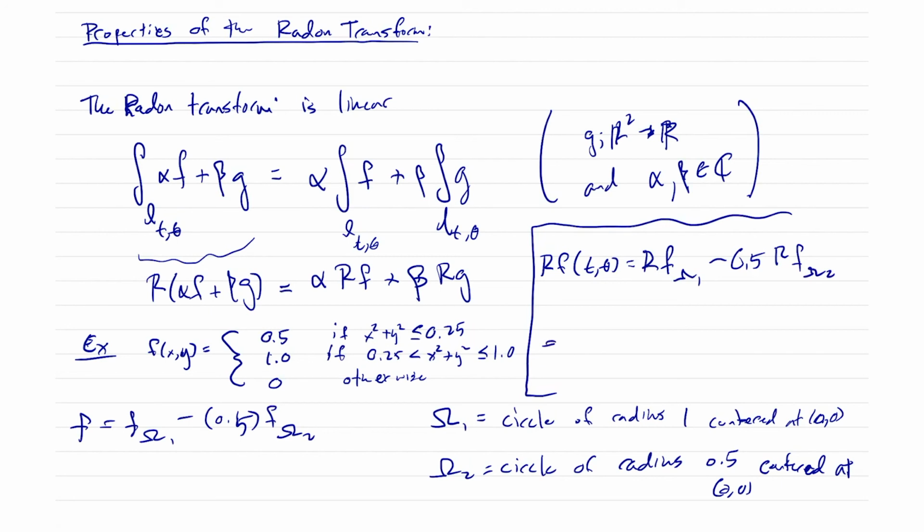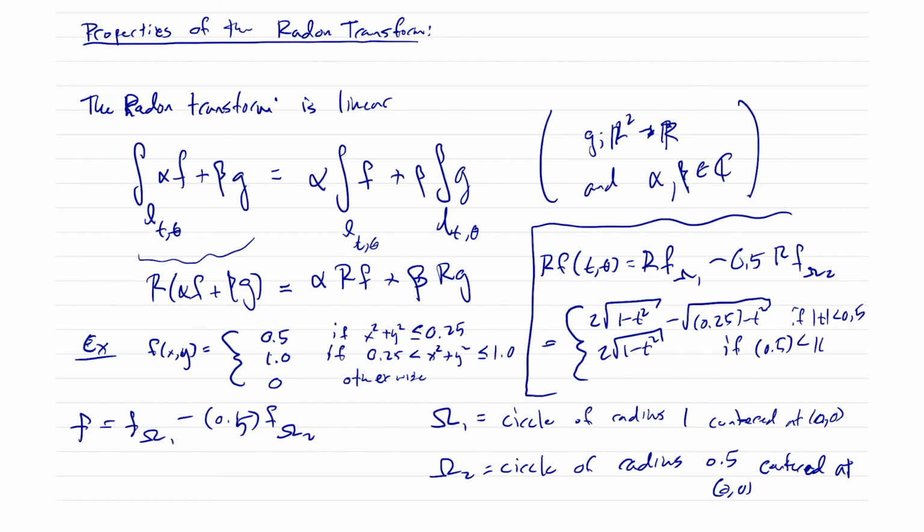That gives us the following: 2 times the square root of 1 minus t squared minus the square root of 0.25 minus t squared, if the absolute value of t is less than 0.5, and 2 square root of 1 minus t squared if 0.5 is less than the absolute value of t is less than or equal to 1, and 0 otherwise. That's just using the linearity property and comparing overlapping regions.